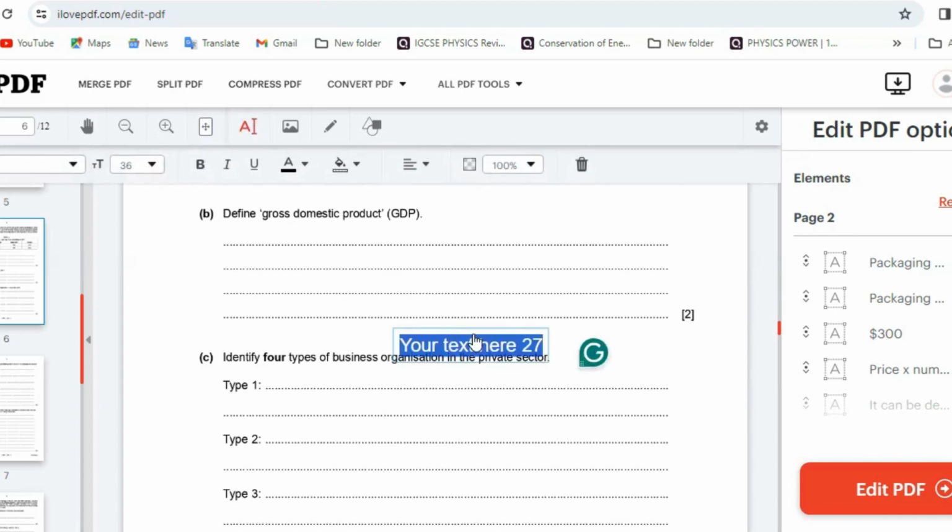Let's try and put that out as the definition for GDP.